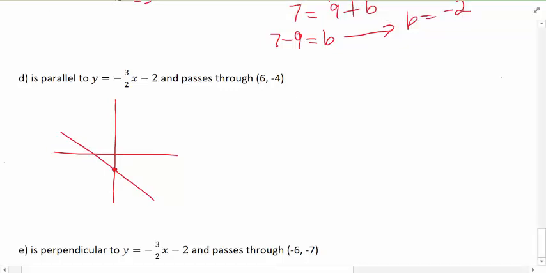it says that's one of the lines, and that's the equation of that line. But then it says I want another line that passes through this point, which is 6 and negative 4. That's pretty close to this, but that's okay. Let's just say somewhere around here.